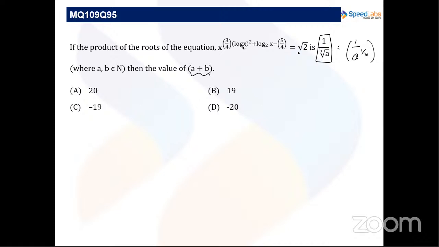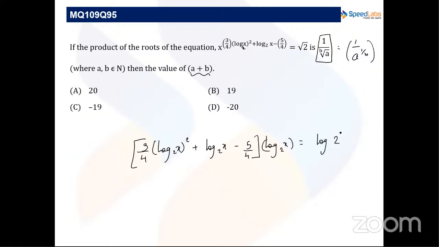So taking log to the base 2 both the sides, we would be getting 3 by 4 (log x to the base 2) whole square plus log x to the base 2 minus 5 by 4 log x to the base 2 is equals to log root 2, that is log of 2 to the power 1 by 2 to the base 2.